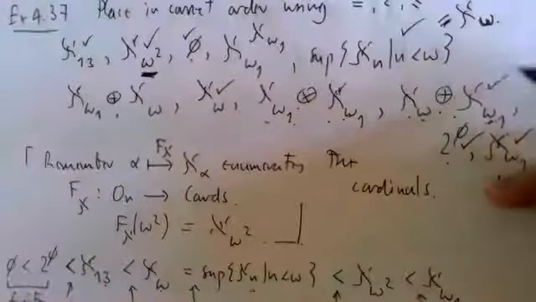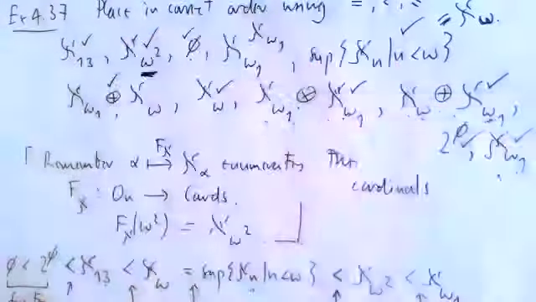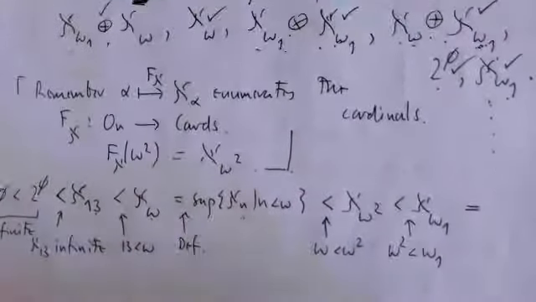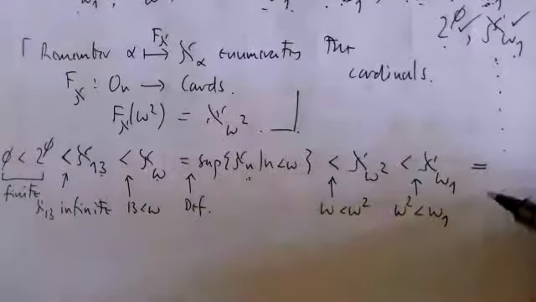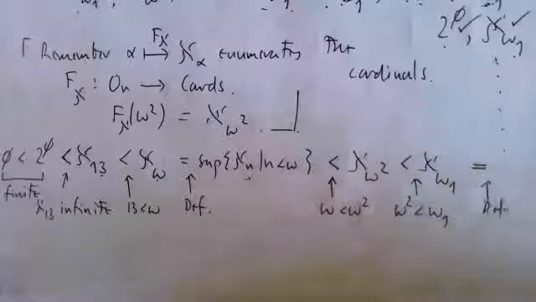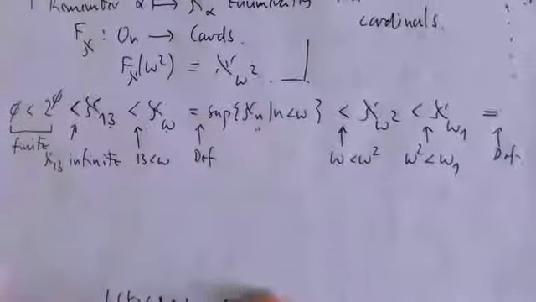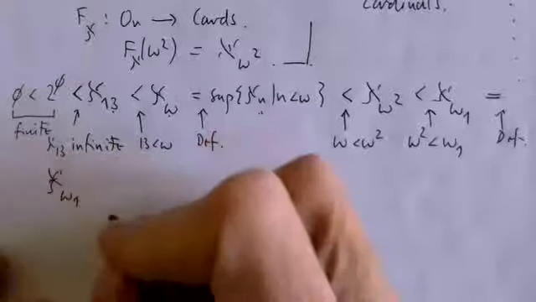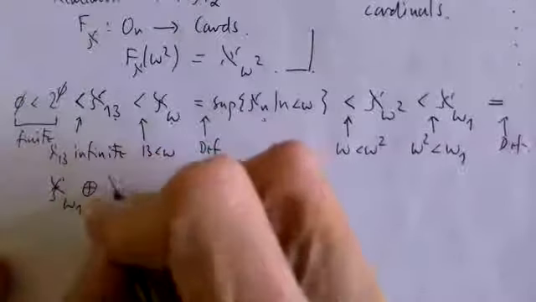So that's going to deal with this and this and this. So these are all going to be equal to, and again, it's by definition of cardinal multiplication, Aleph omega 1 plus Aleph omega. Actually, I say by definition, but actually it's Hessenberg's theorem, right?